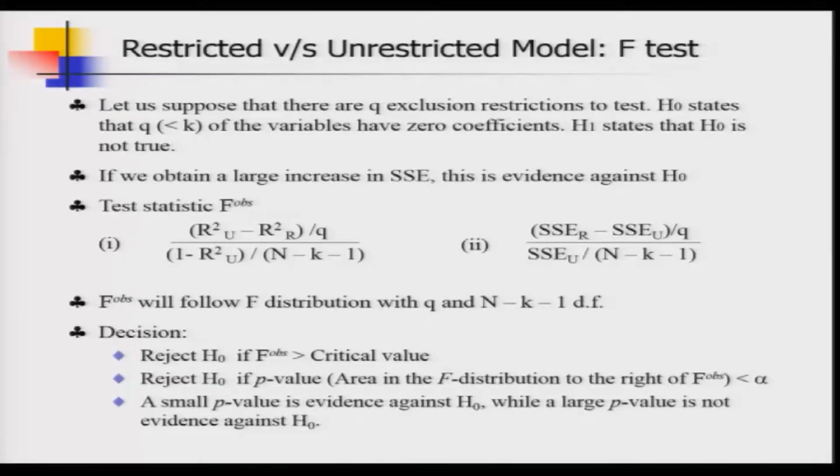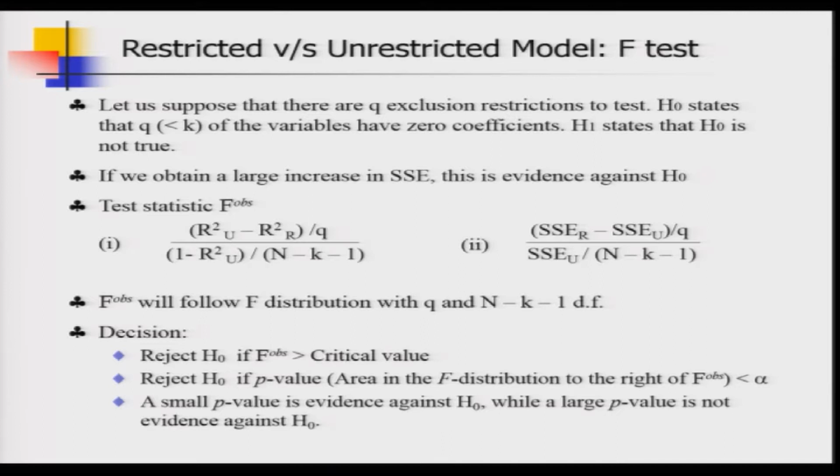Let us suppose that q restrictions are imposed and these are exclusion restrictions. By that I mean that q parameter values are set equal to 0. H naught, my null hypothesis, states that q, which I am assuming here to be strictly less than k, have 0 coefficients, and my alternative hypothesis says that H naught is not true. That means at least some of these exclusion restrictions are wrong.